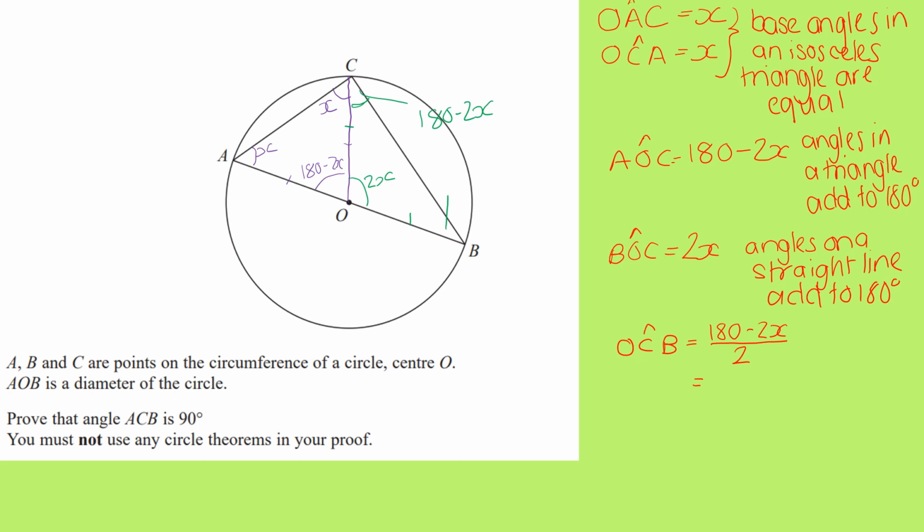So 180 divided by 2 is 90, minus 2x divided by 2 is minus x, or in this case, 90 minus x. Okay, and it's the same rule as above. So this is the base angles in an isosceles triangle.